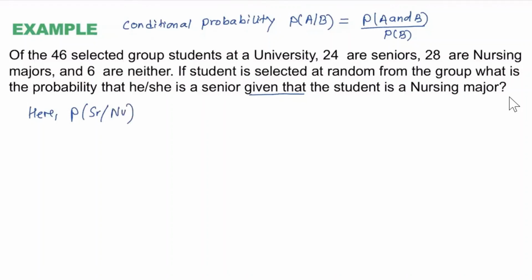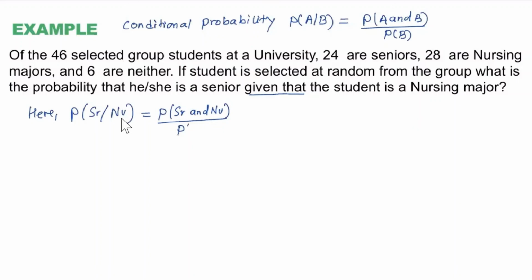Okay, they are nursing major. We have to find this. So if I want to find this, we need to use the formula for conditional probability that says probability of these two, senior and nursing, the students who are both senior and nursing, divided by probability that they are nursing major, probability that they are nursing major.